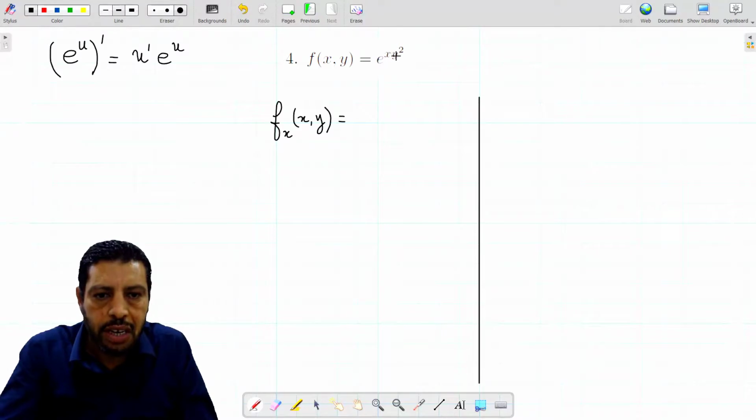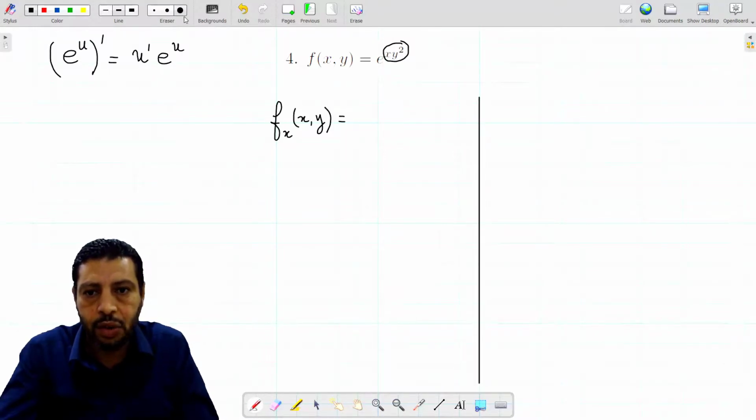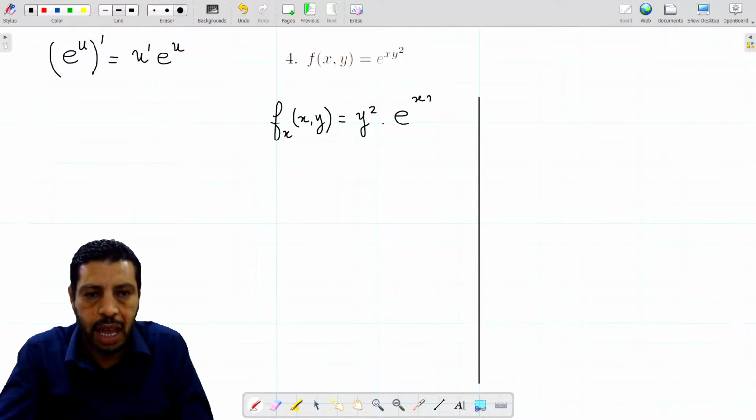So the question here, what is the derivative of this function u with respect to x? The answer is simple. You have only an expression on x here, which is x. Its derivative is 1 multiplied by y squared, so its derivative is y squared. So the derivative of this function with respect to x is y squared multiplied by exponential u. It means exponential xy squared.